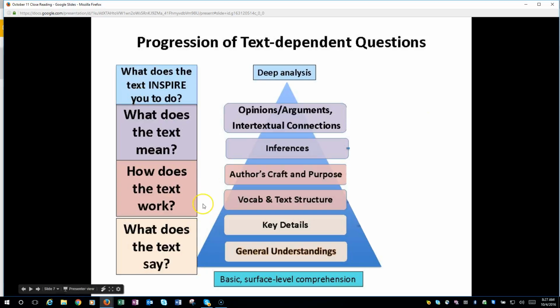Now that you've learned all the things about this text, what can you create? What essay can you write? What play can you write? What video can you produce to show your opinion? So that's the progression of the questions in close reading.